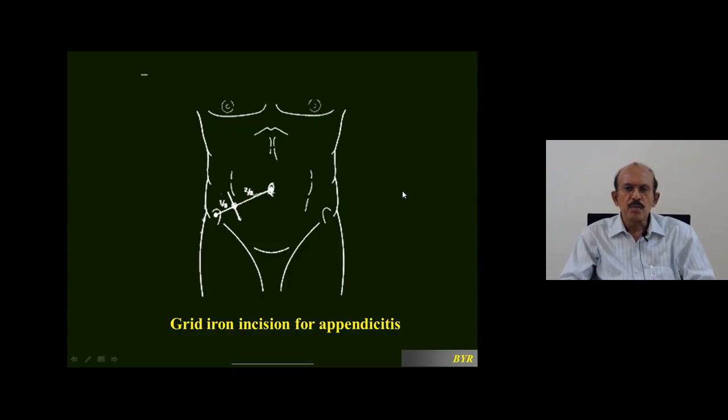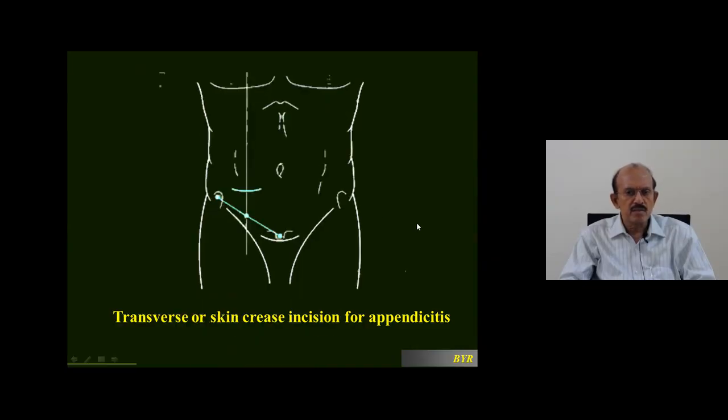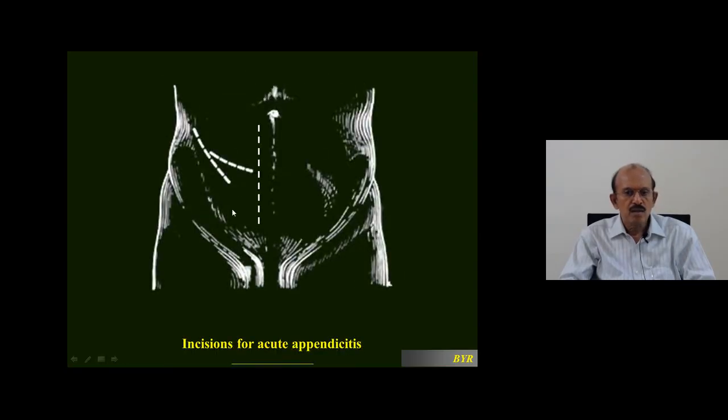So you usually approach the appendix by an incision called gridiron incision. So this is the spino-umbilical line. So you make a perpendicular incision at the place of McBurney's point.